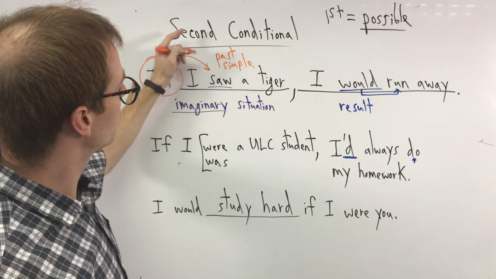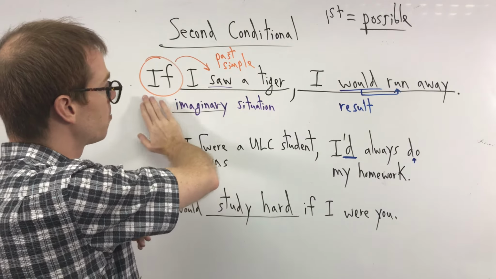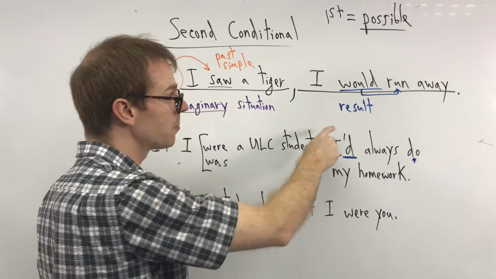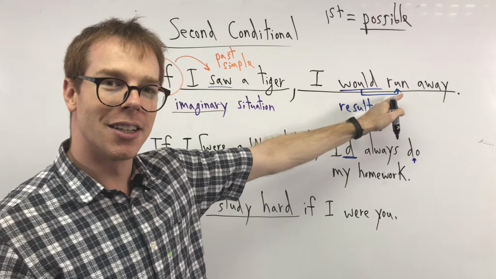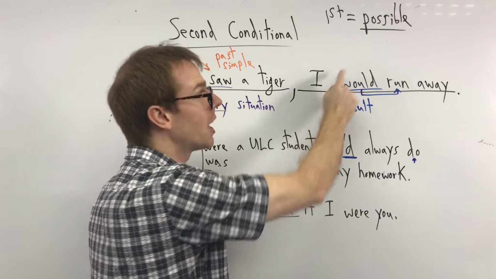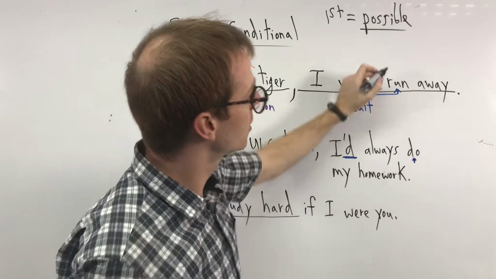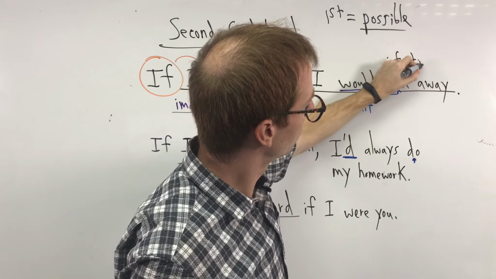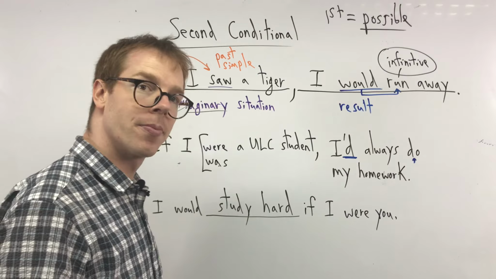And that's the pattern we'll use for our second conditional. We will use if plus past simple, and then would plus run. Just like first conditional, we had will plus infinitive, now we have would plus our infinitive.